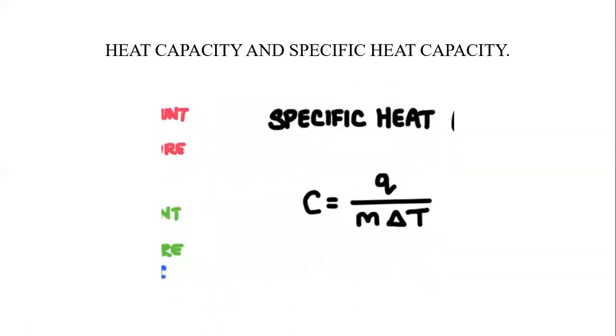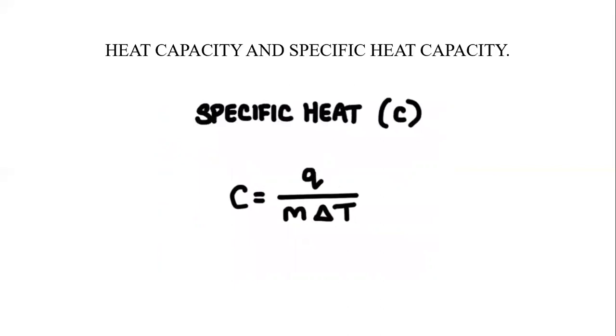And here's the equation we use to calculate specific heat. We use the symbol capital C to represent specific heat. And we take the heat, represented by the lowercase q, divided by the mass of the substance times the change in temperature. This symbol right here, delta, means change in, and the T represents temperature.